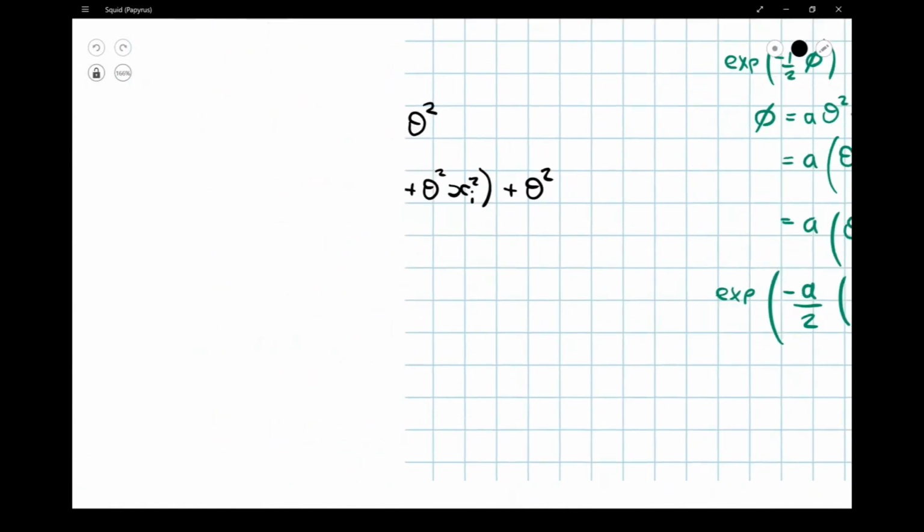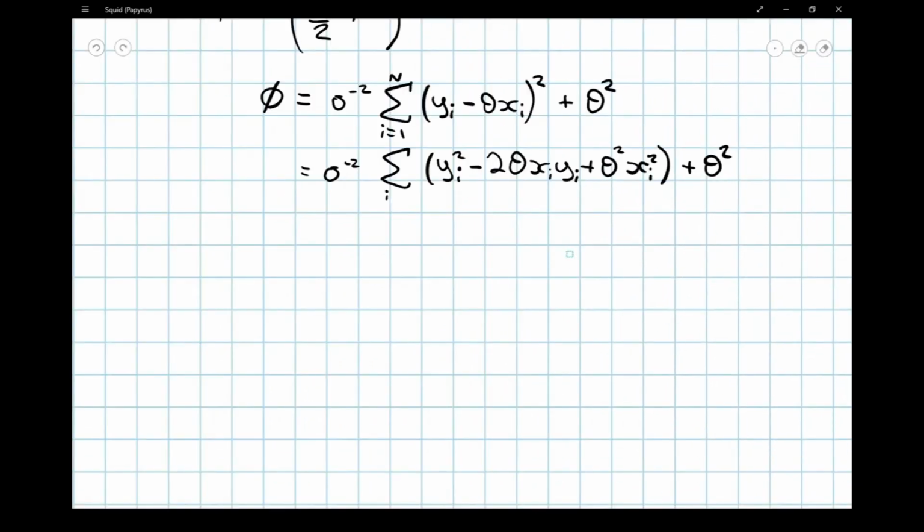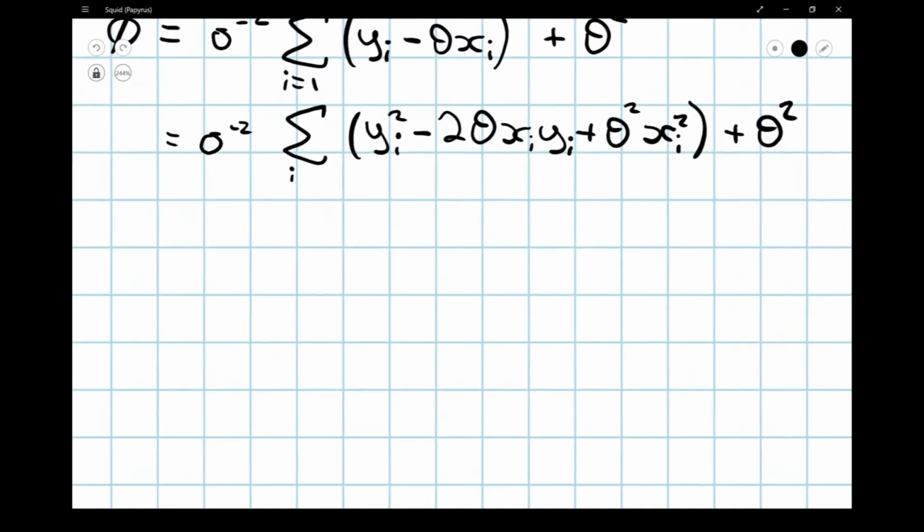So to complete the square for this problem, all we need to do is write down what's been multiplied by theta squared. We have a sigma to the minus 2, multiplied by the summation over xi squared.